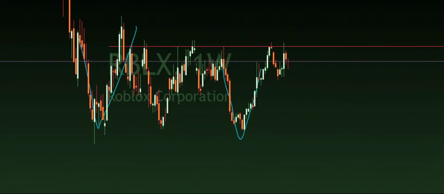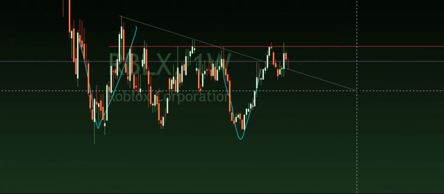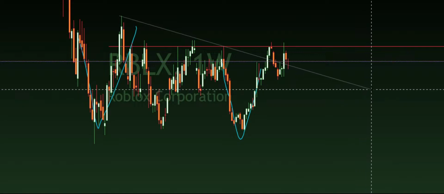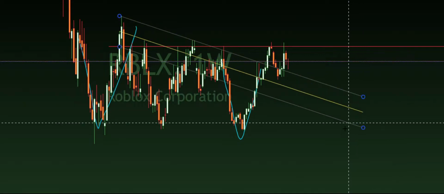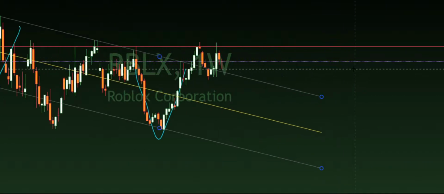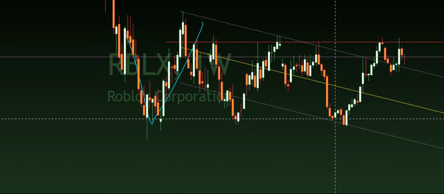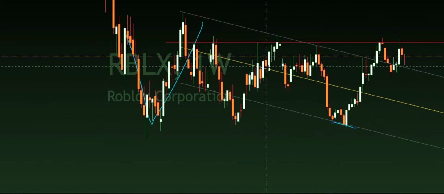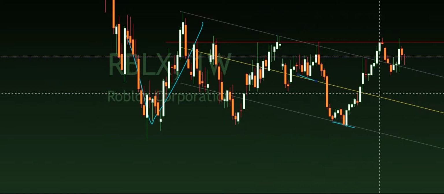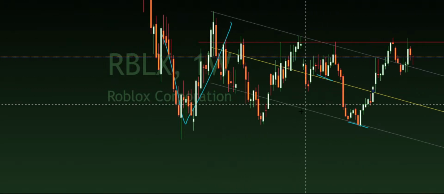Let's see how it does with a more aggressive downtrend. Like so. Okay, so seeing a lot more confluence on that one. It's a little ugly.